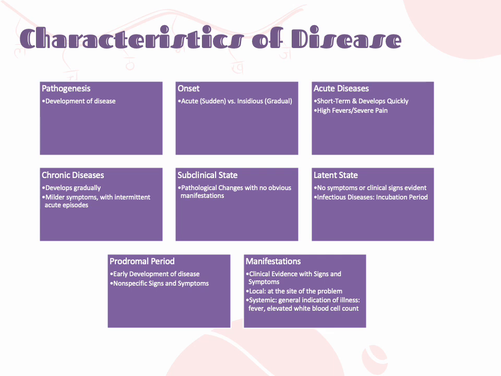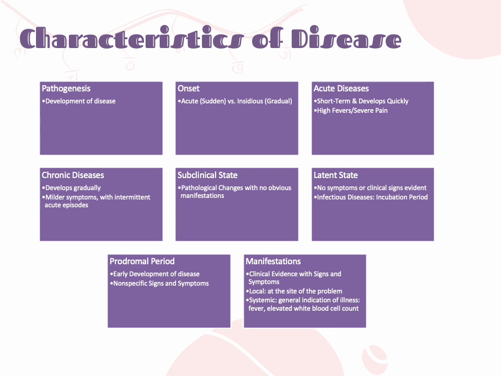So you have these reappearance of acute episodes. So when we talk about insidious, this is not the same thing as chronic. Although you do have gradual symptoms developing, chronic diseases are characterized by episodes that are intermittent. They come and they go.